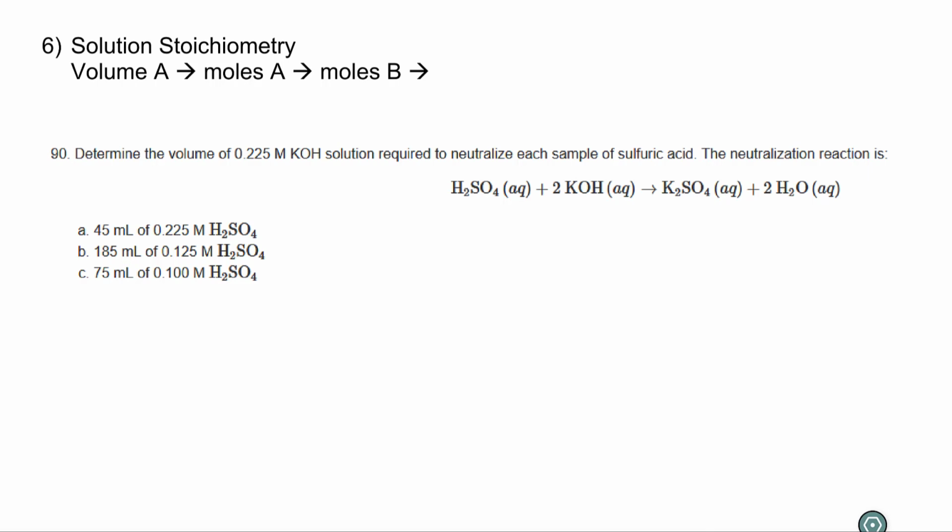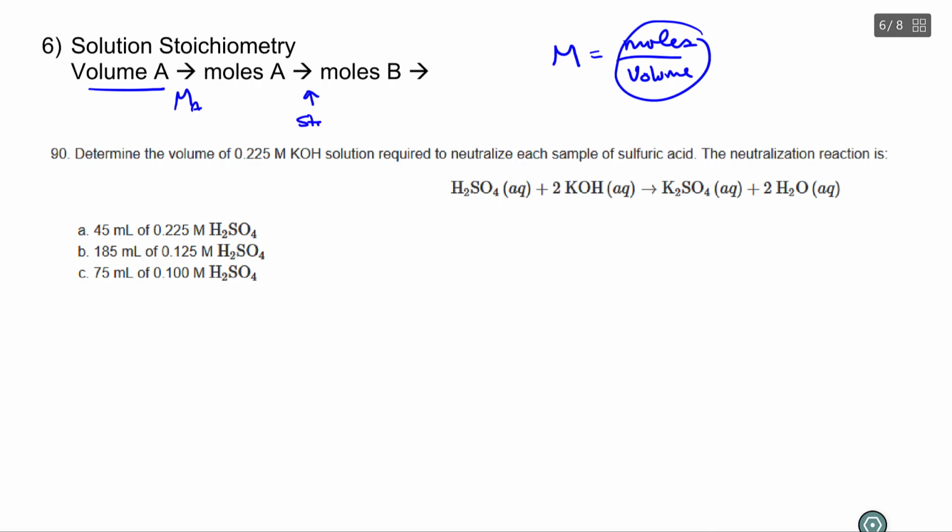So for molarity problems, remember molarity is moles over solution volume. So the molarity is the relationship between these two values. If you have a volume of A, then you can convert using molarity of A to moles of A. This is still the stoichiometry.